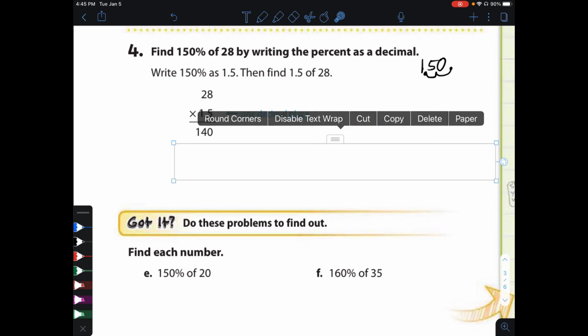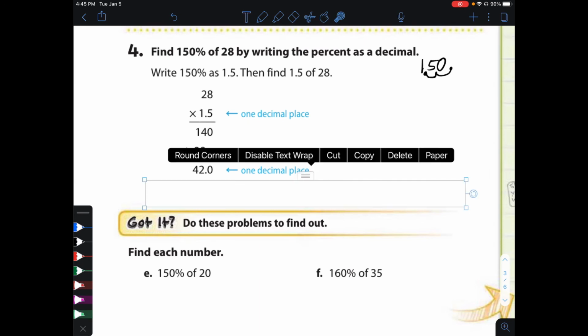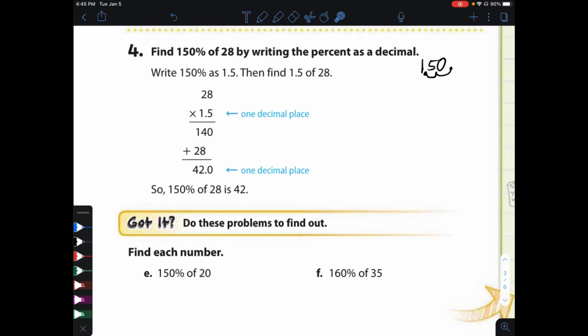So we get 28, which gives us 42. So if we add them all up, 140 plus 28, it should give us 420. But since there is one decimal place, we need to keep that decimal place so it becomes 42.0. So basically 150% of 28 is 42.